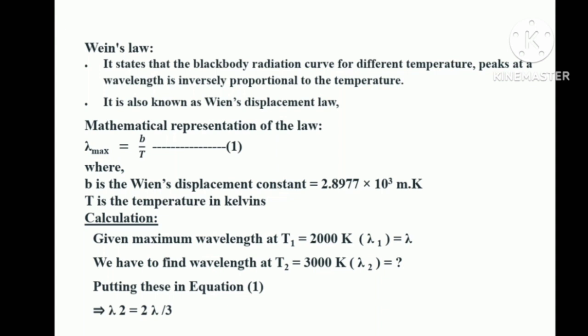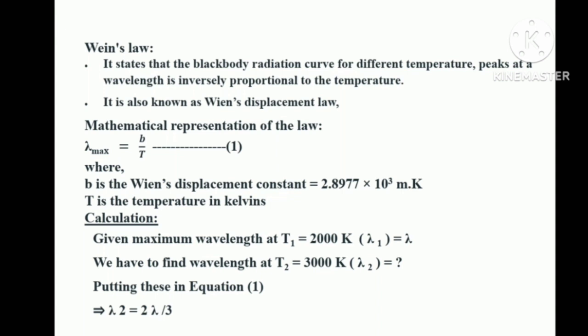Wien's law states that the black body radiation curve for different temperatures peaks at a wavelength that is inversely proportional to the temperature. The given maximum wavelength is at T1 equal to 2000 Kelvin.